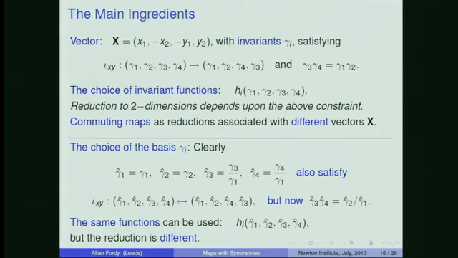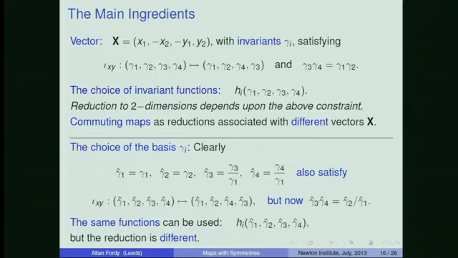However, if I want to write down the invariants of this vector field, then of course I can choose the ones I chose before, which were just things like x1, x2. Well, they're all polynomial ones.